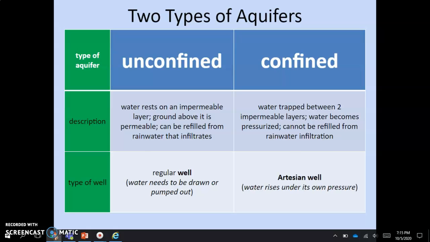With a regular well, you just drill down into the water table and can draw water out through a pump. And then an artesian well would be at a confined aquifer, because the water is pressurized, if you drill into it, the water will rise under its own pressure. So a regular well is in an unconfined aquifer, and the water will need to be drawn or pumped out.